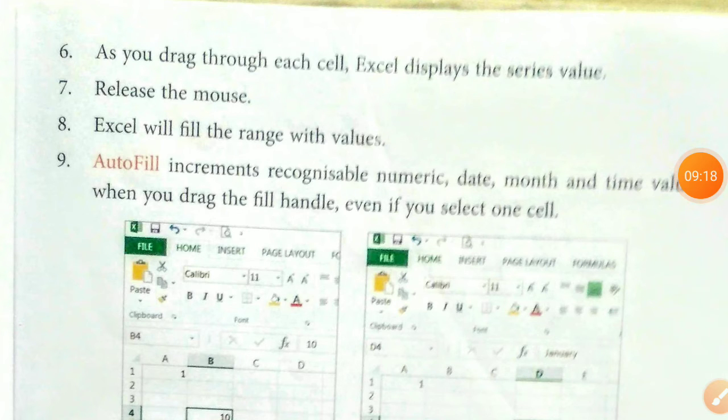Point number 6, as you drag through each cell, Excel displays the series value. Then release the mouse and Excel will fill the range with the values. Autofill increments recognizable numeric, date, month and time values when you drag the fill handle, even if you select one cell.